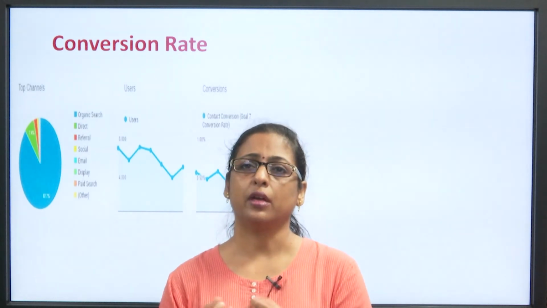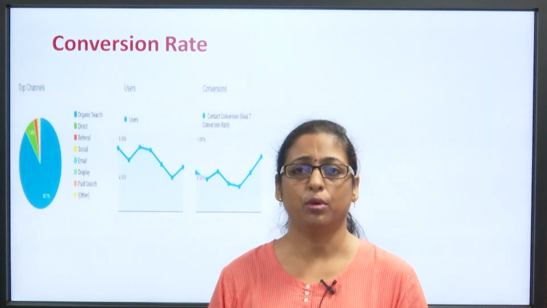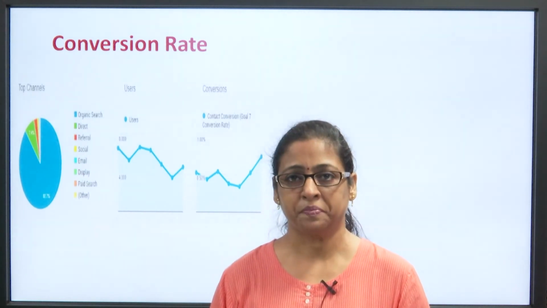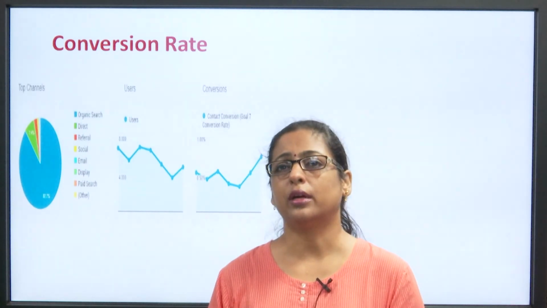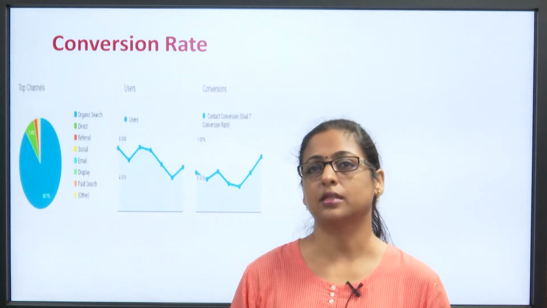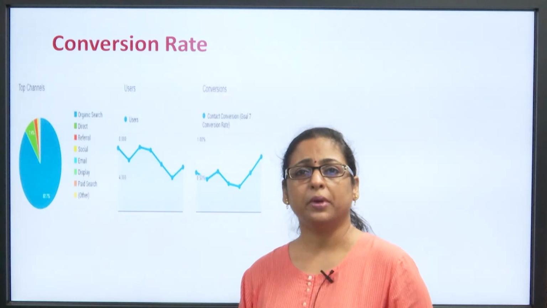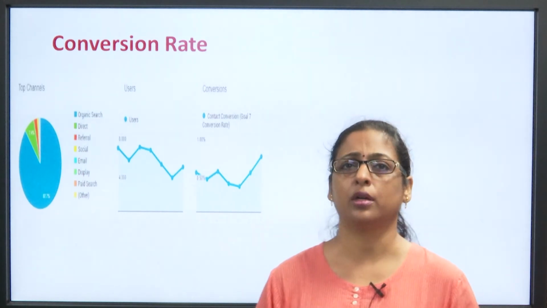But the company will get profit only after getting conversions. If a company is not able to get conversions, then there is no point of existence. This is something that all students must understand. So, the company should also focus very much on conversion.